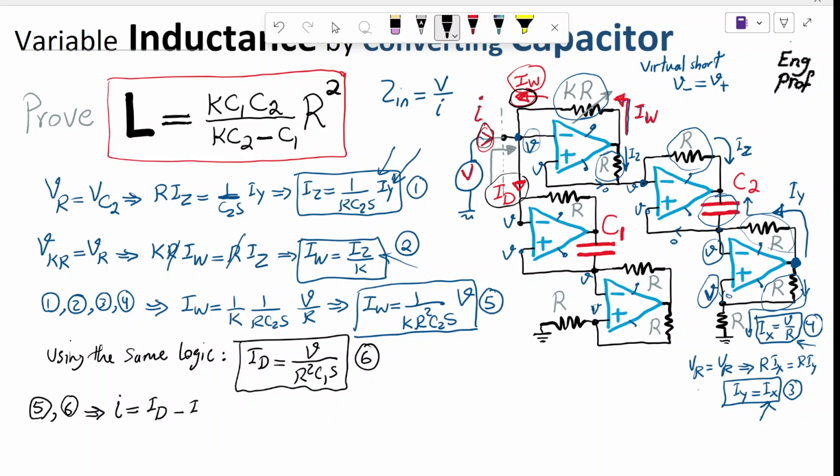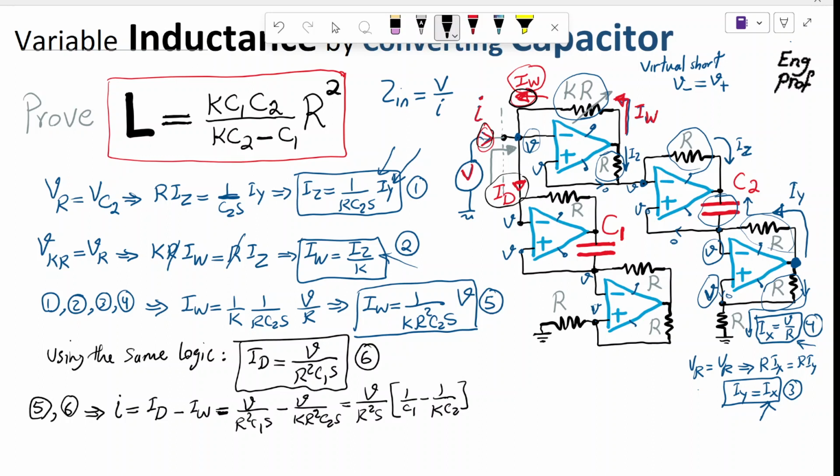So minus IW is equal to, substituting from 5 and 6, V over R squared C1 S minus V over K R squared C2 S. Let's factor out V over R squared S. What remains is 1 over C1 minus 1 over K C2.